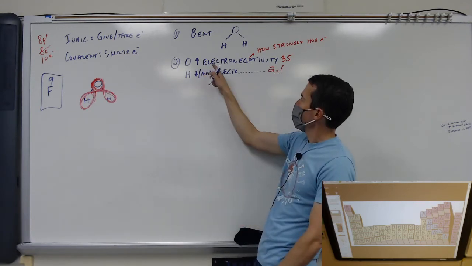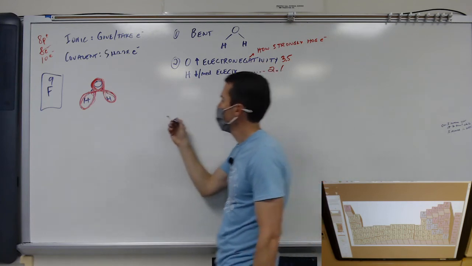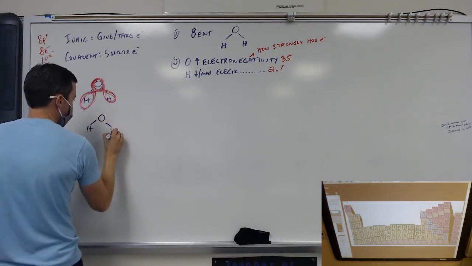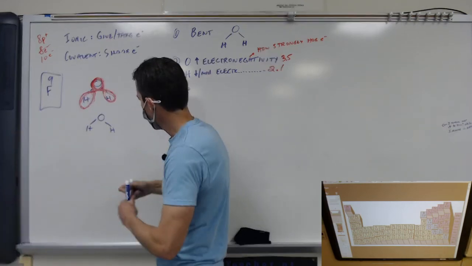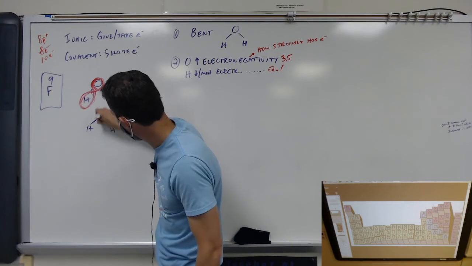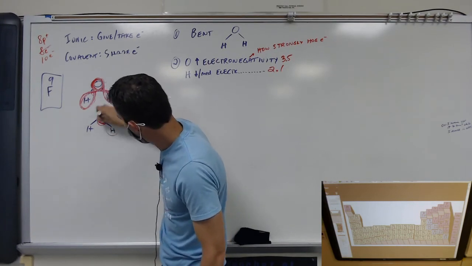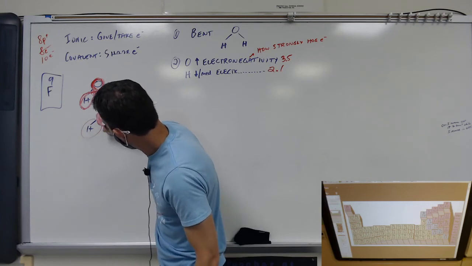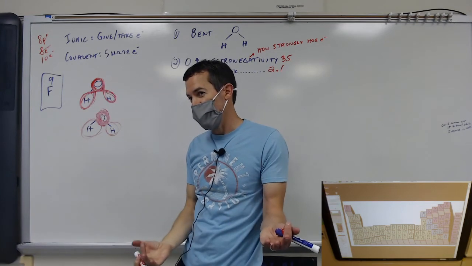Around oxygen, because oxygen is a bigger electron hog. So instead, water looks like this. Here's how oxygen shares electrons. Are they still technically sharing?